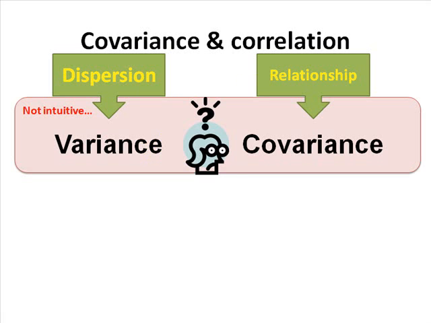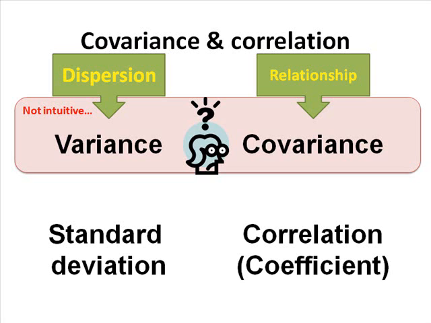The problem with both the variance and the covariance is, although they are mathematically convenient for us, they are not intuitive to us humans that use these measures. So what we do is we translate them into intuitive measures. In the case of variance, we take the square root and get the standard deviation, because where the variance is expressed in units squared, the standard deviation is in units, and that's understandable to us.